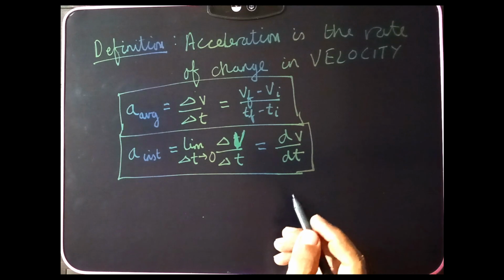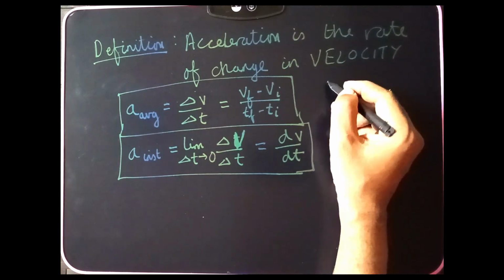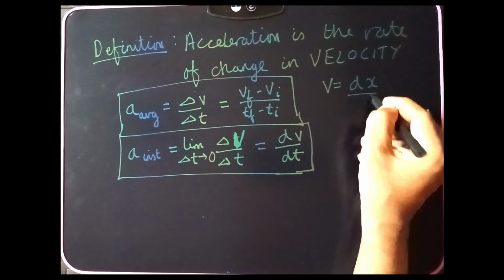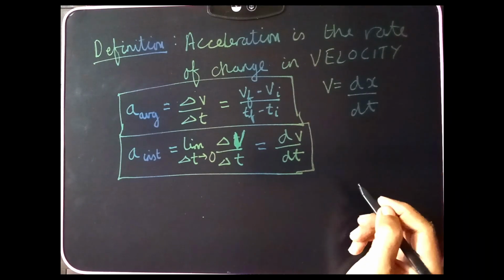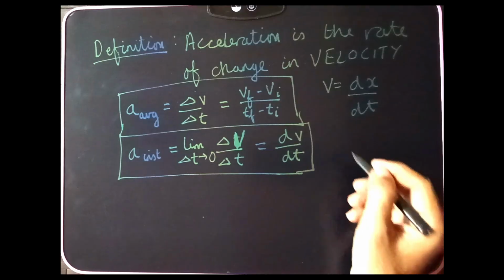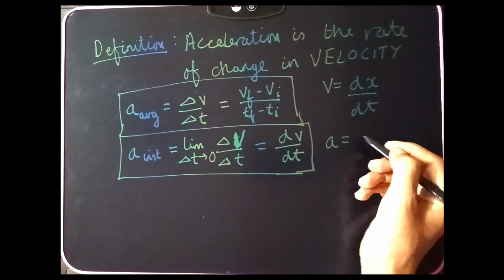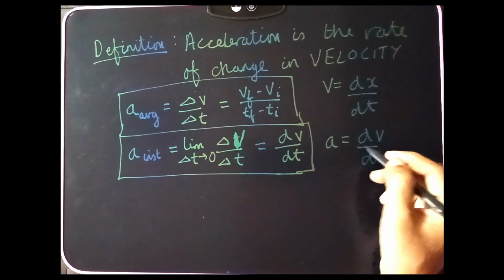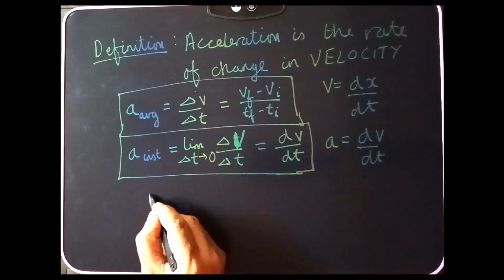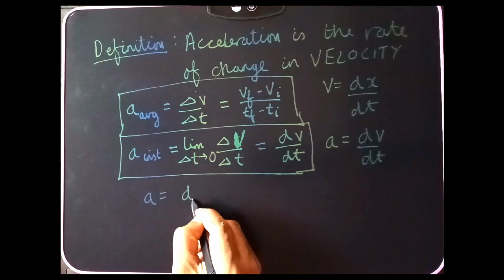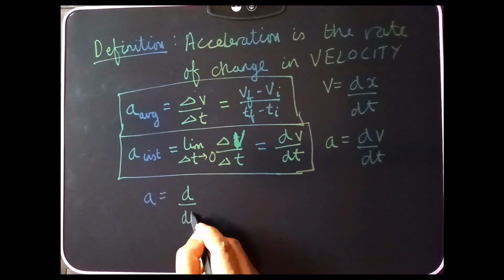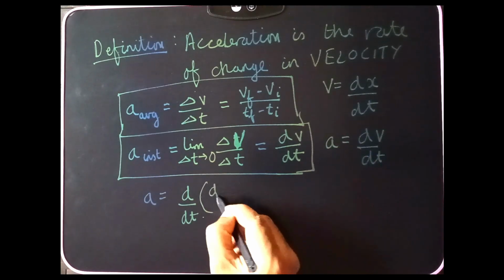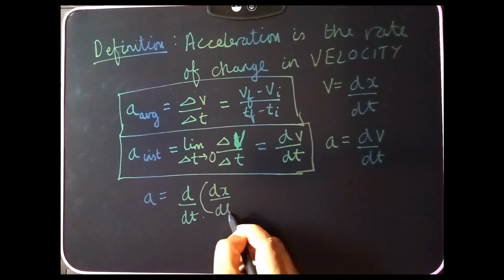Now we know the formula of velocity: velocity is change in displacement by change in time. And acceleration is the change in velocity by change in time. So we can rewrite acceleration as the derivative of velocity, which is given as dx by dt.